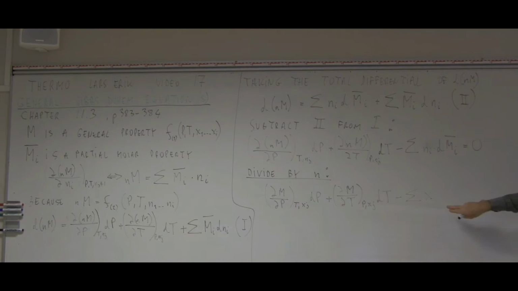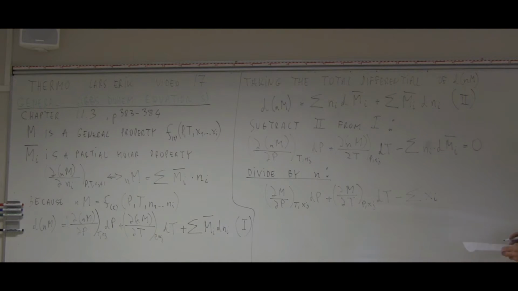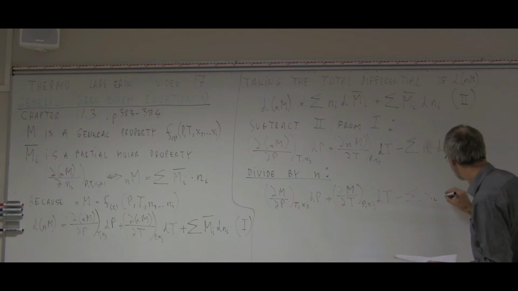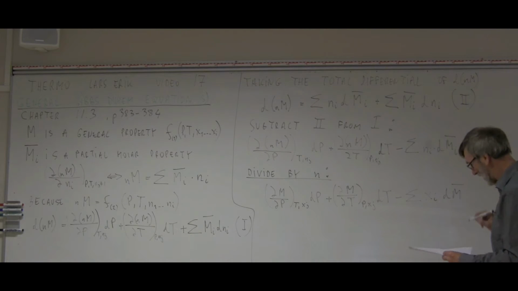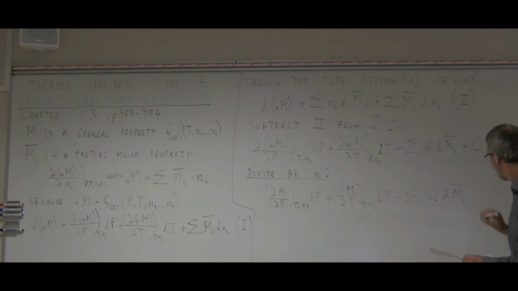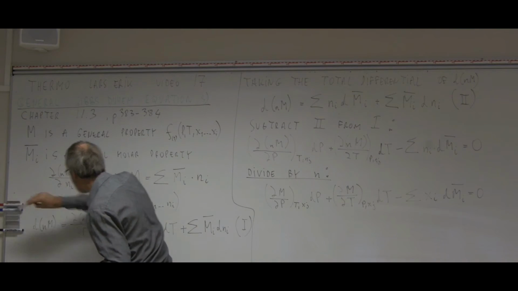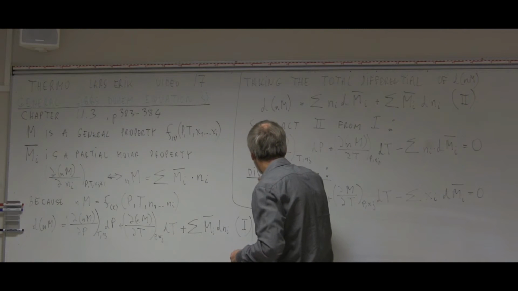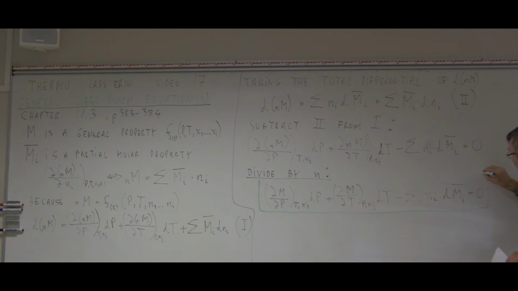Ni divided by n is xi, the mole fraction, times the change in the partial molar property. And the sum of this should be 0. And this is the result.